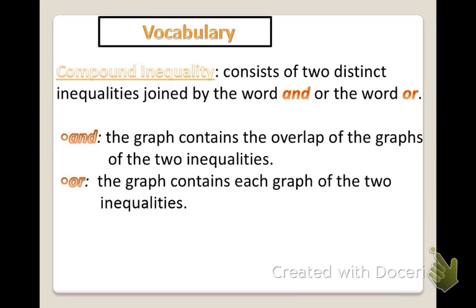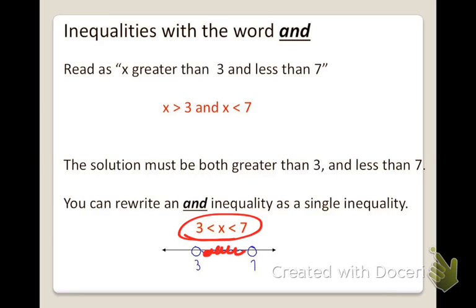Whereas, in contrast, if we're going to use an or compound inequality, then we're talking about the solutions that satisfy either one. So, and implies both, or implies either. It doesn't matter which one the solutions would satisfy.